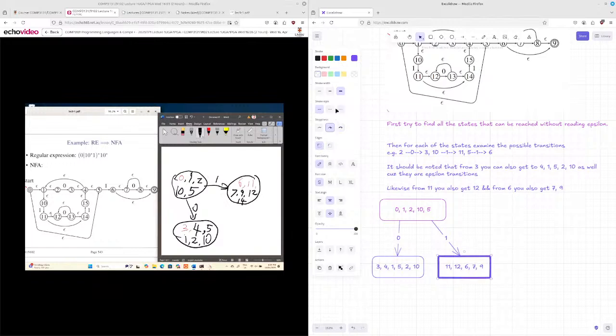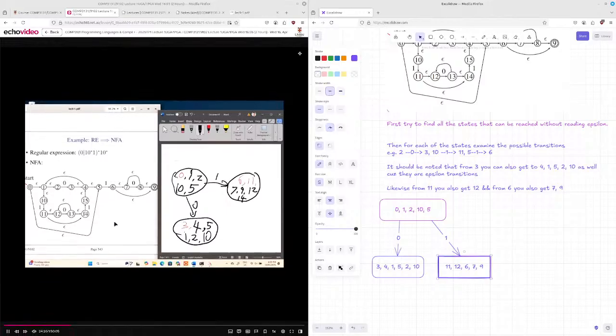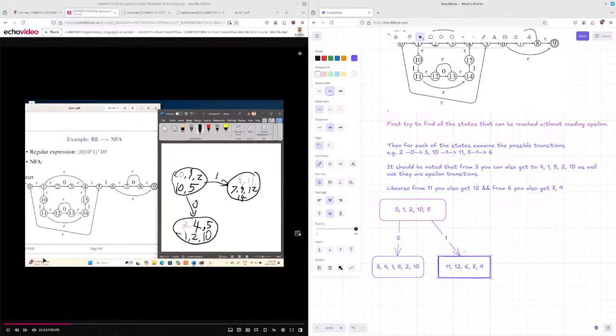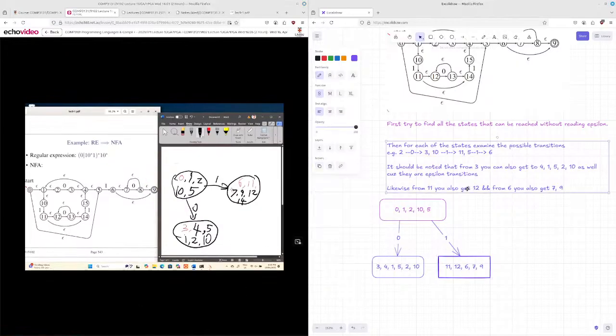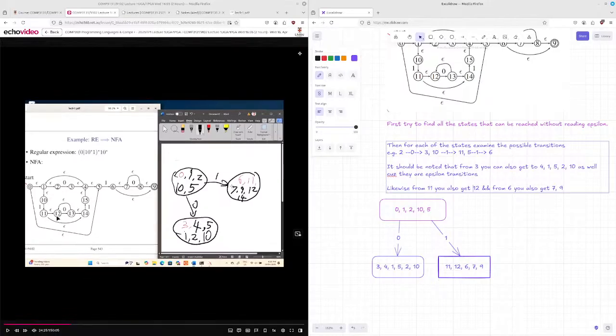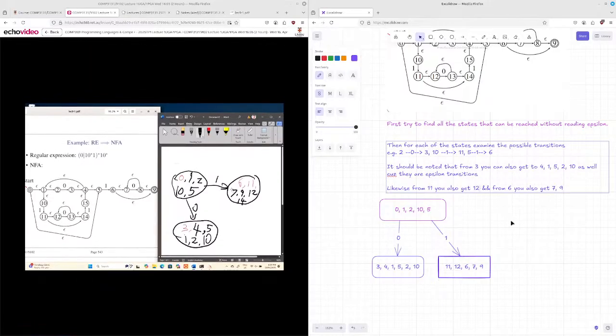If at 11, you can go to 12, you can also go to 14. So that's about it. Oh, you can also get 12. Did I miss that? You can also get 14.